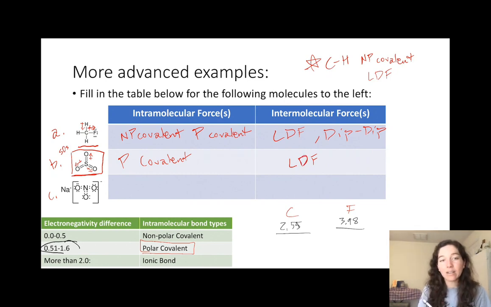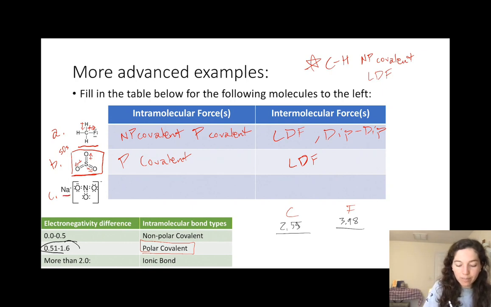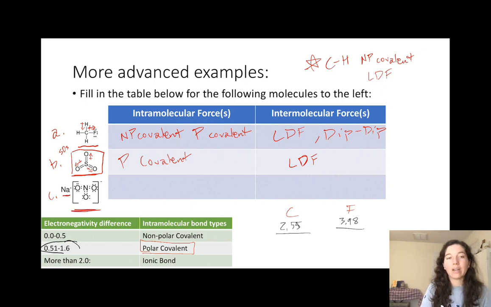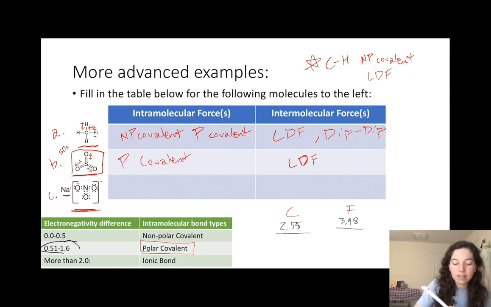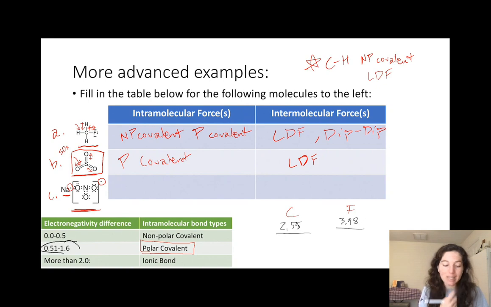Let's take a look at C. So C, we've got sodium, and then we've got this nitrate ion here. Well, nitrate's not on the Pauling scale, right? It's a polyatomic ion. So what we need to look at here is how these electrons are not shared. If these electrons were shared, there would be a chemical bond drawn in between them, and there just isn't.